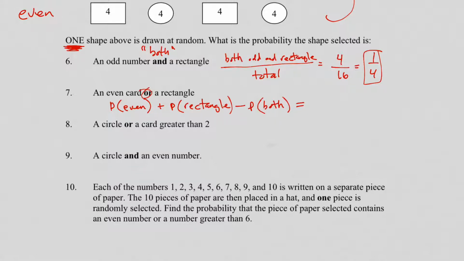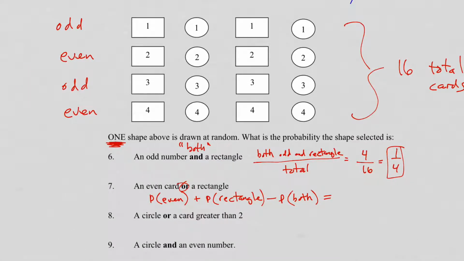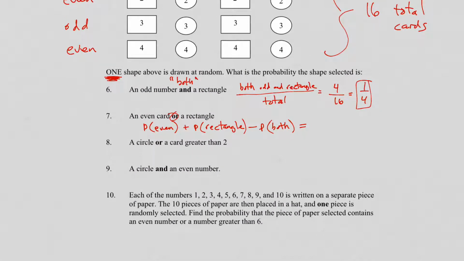So what's the probability of pulling an even card here? We have 4 even right there, 4 even right there. That's 8. So 4 even here and 4 even there. That's 8 even. 8 out of how many?